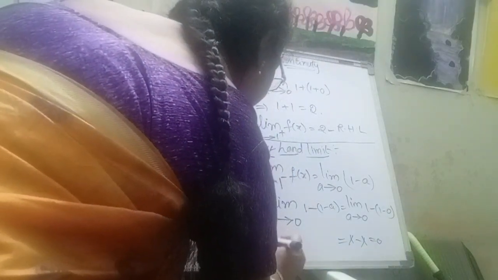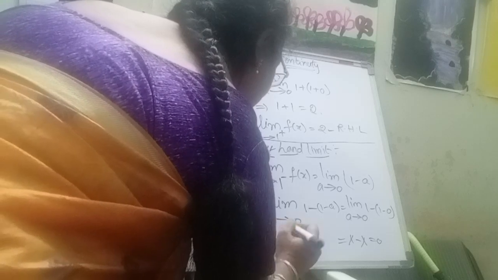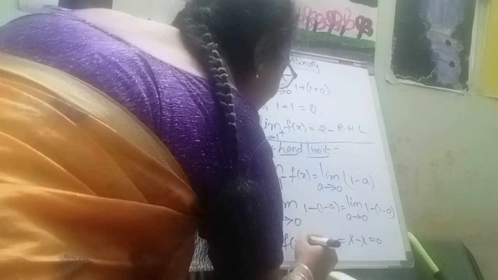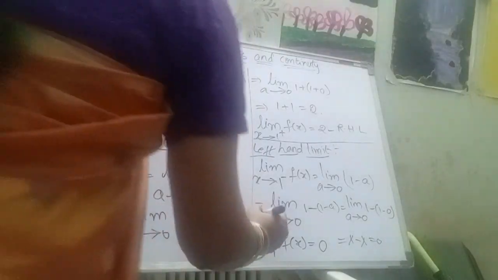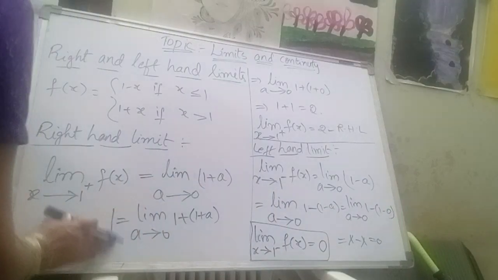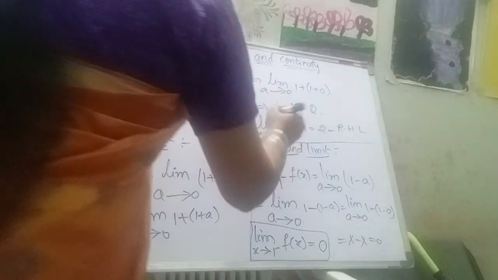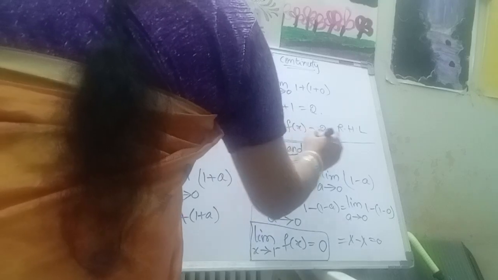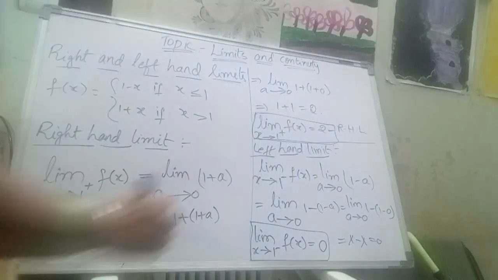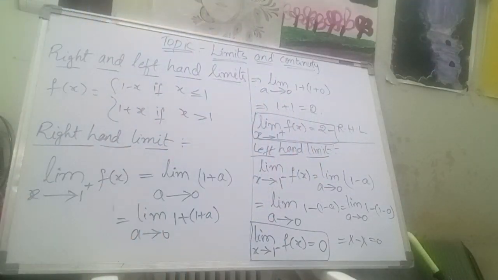This is how we write: limit x tends to 1 minus f of x equals 0. This is the left hand limit, and the earlier one was the right hand limit. Like this we can find the left and right hand limits.